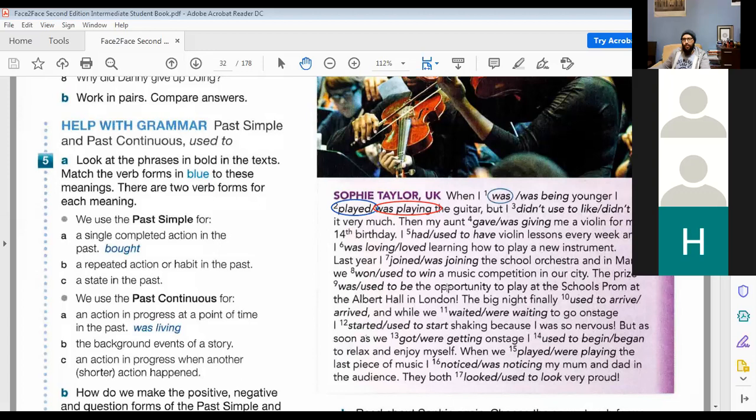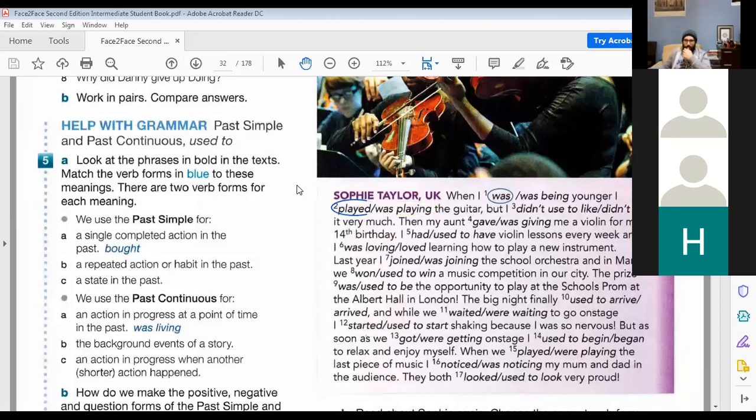I don't know. If you go back to the three points for the past continuous, they're on the left side. Can you see that? Yeah. Yeah, I think it's an action in progress at a point of time in the past. Background events of a story.